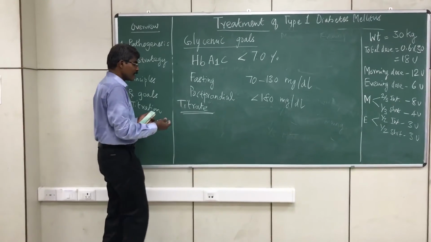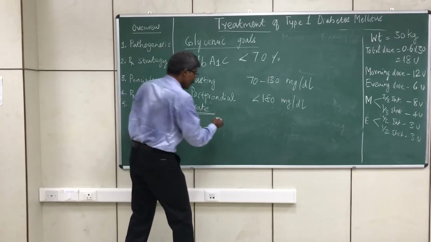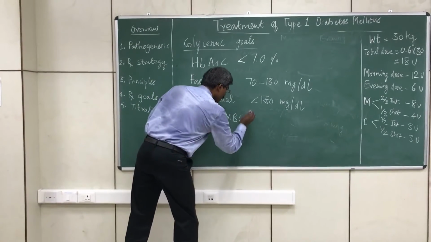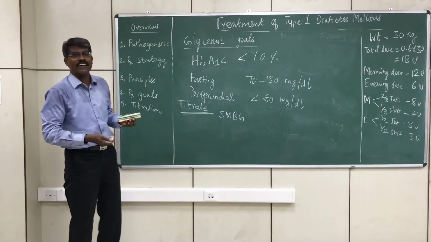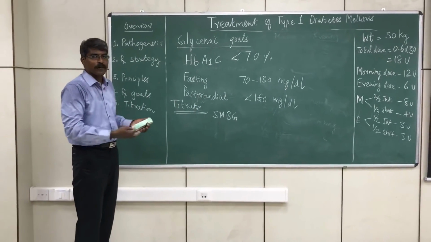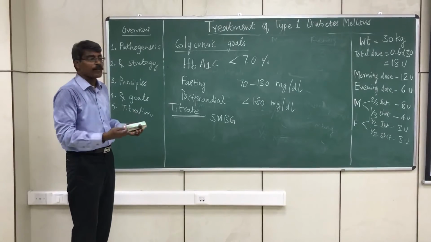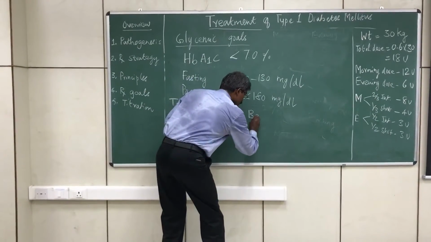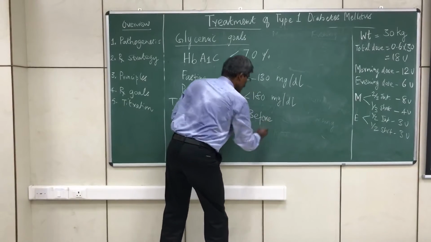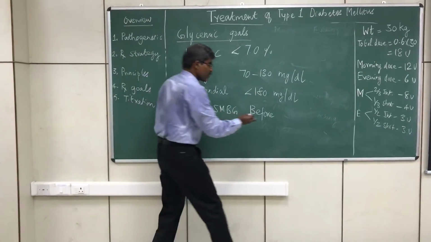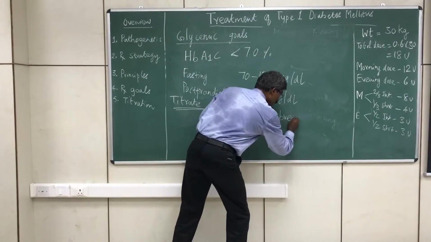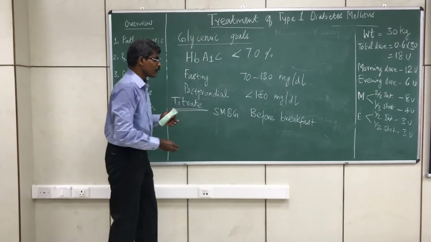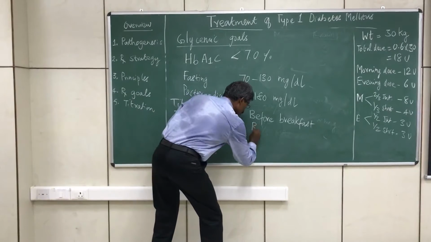Now to titrate it, self-monitoring of blood glucose by the patient can be very easily done, and we can educate them to alter the dose by themselves also. Based on what? Four things. What is their blood glucose level before breakfast, that is fasting? What is their blood glucose before lunch?